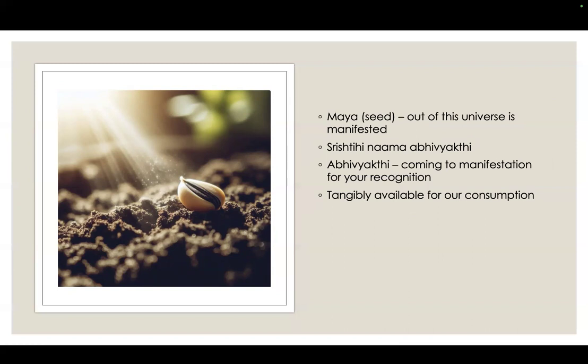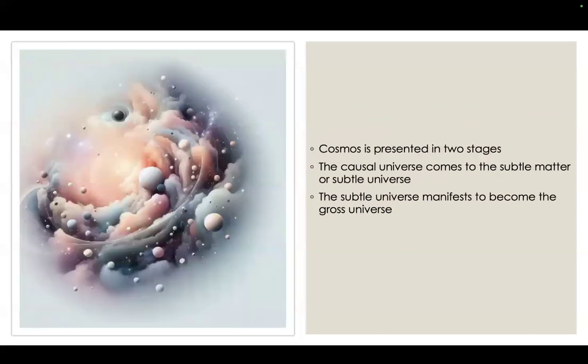The butter in milk, as soon as we see the milk, do we see the butter? No. Only when you're able to touch it, feel it, when it is tangibly available for your consumption, only then will you be able to see it. Only then will you be able to see the universe. So that is what Shrishti Nama Abhivyakti, this creation, is called.